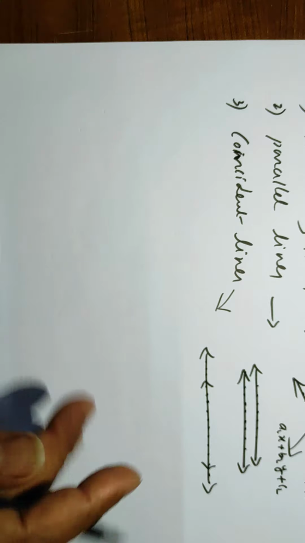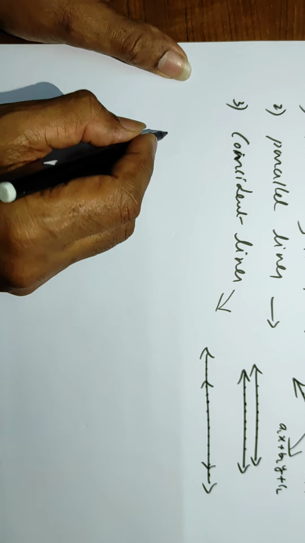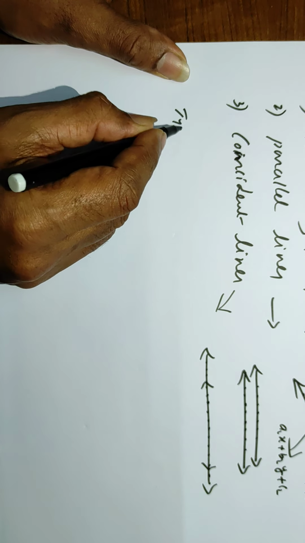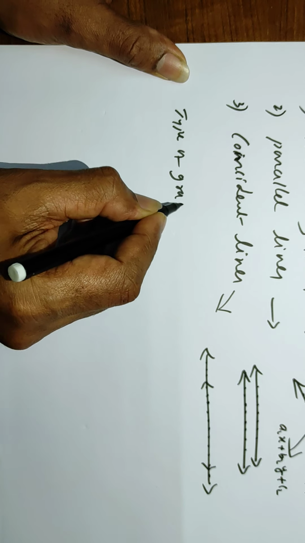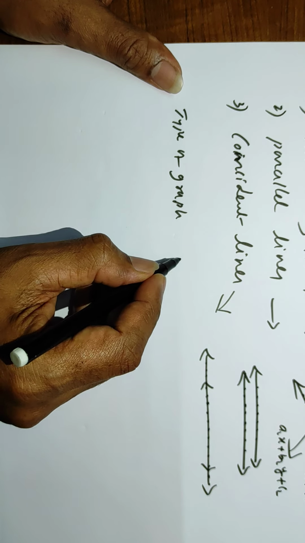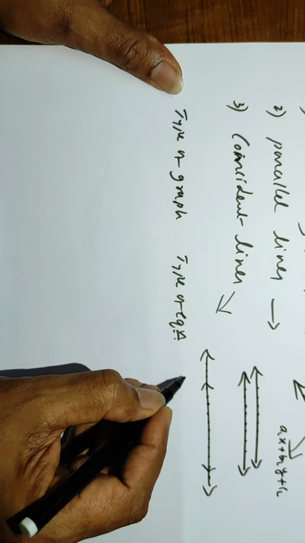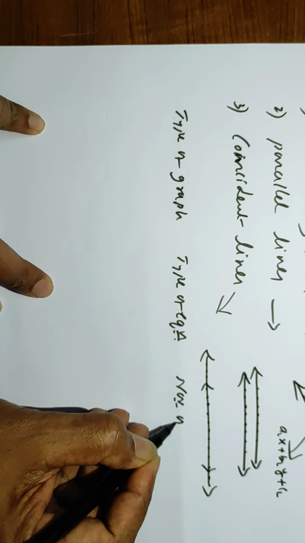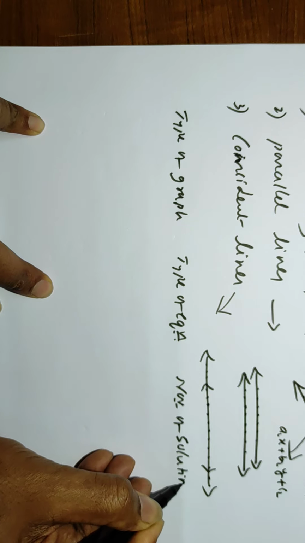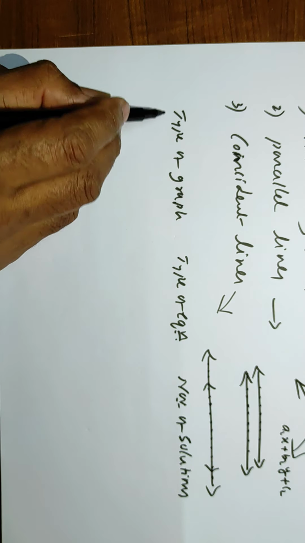Let me sum this up. Here, type of graph, type of equation, number of solutions.